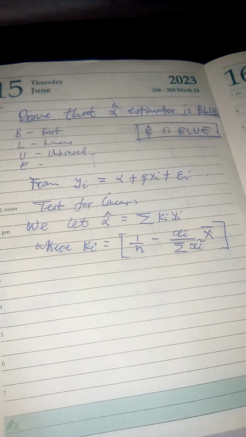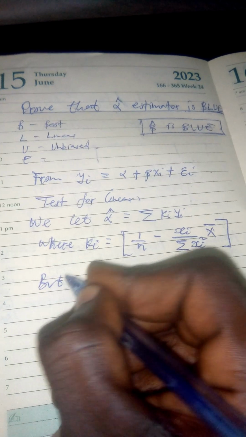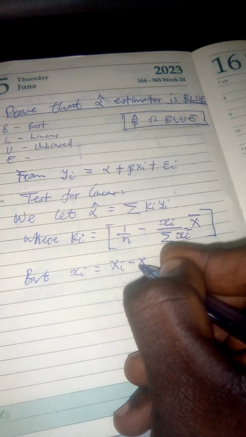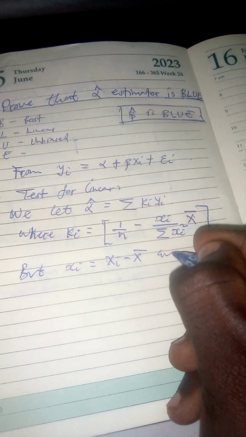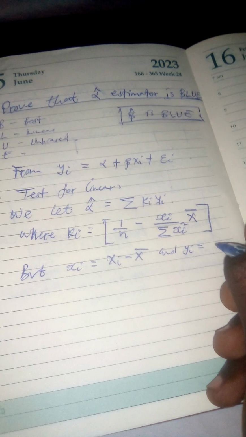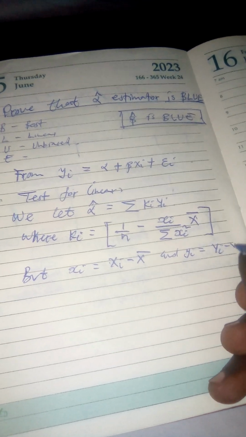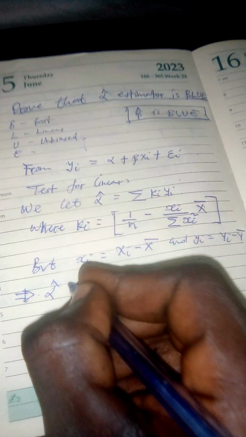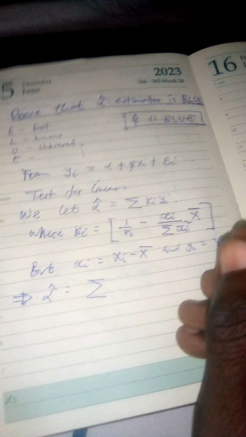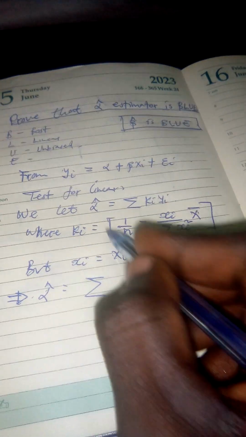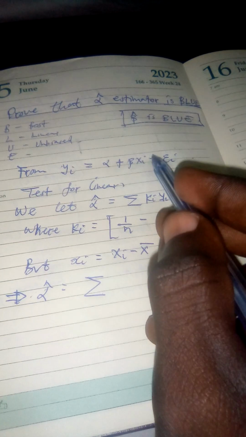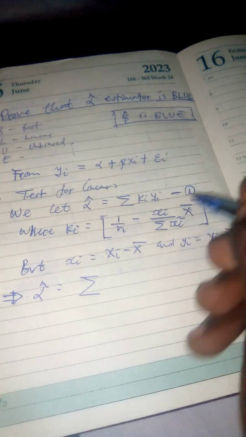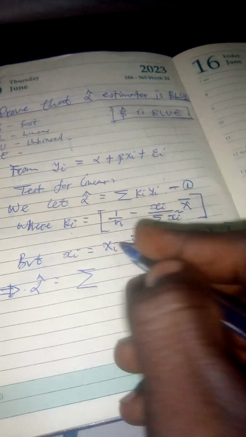We know that small xi is the same as capital Xi minus X bar, and small yi is the same as capital Yi minus y bar. So this implies that alpha hat equals the summation. Now we are substituting this ki into equation 1.